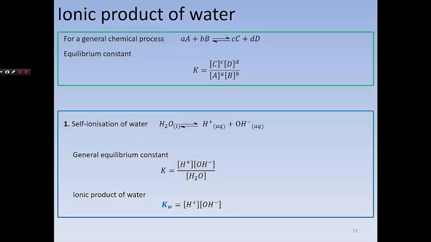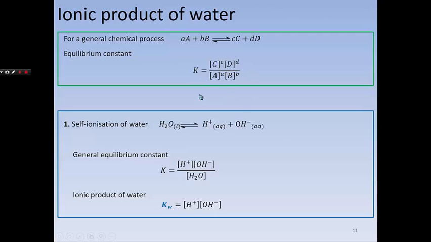So, the ionic product of water is the first equilibrium constant we have met so far. Let's compare it with the general equilibrium constant we have discussed in Lecture 8. We know for any given specific reaction, we can derive the equilibrium constant equation in question according to this general equation here.